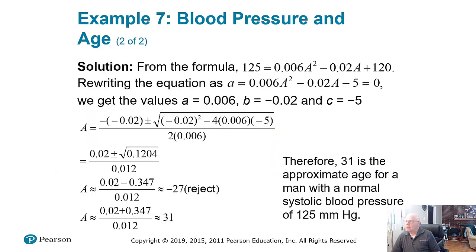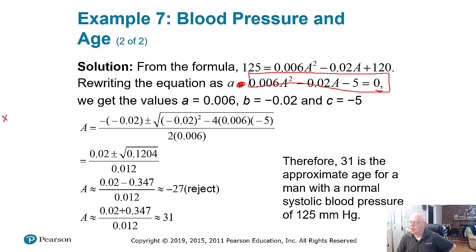So, how does this work? Well, this is how it works. Change it so you've got the 0. So you should end up with this formula. So you get A, B, and C. Put those in the quadratic formula.